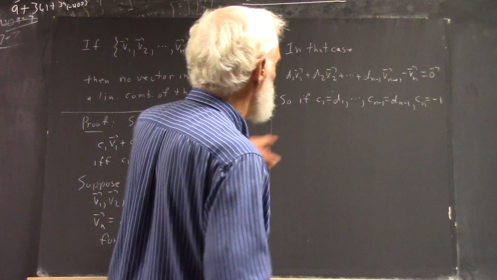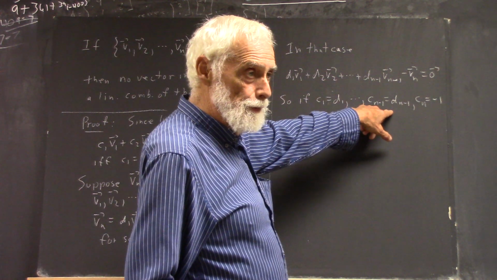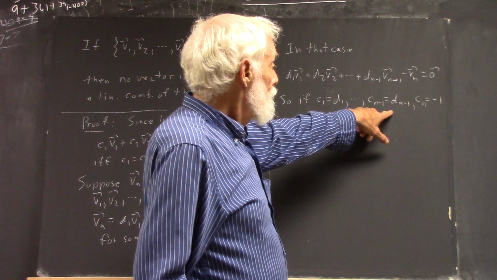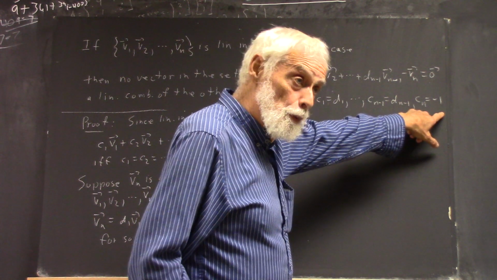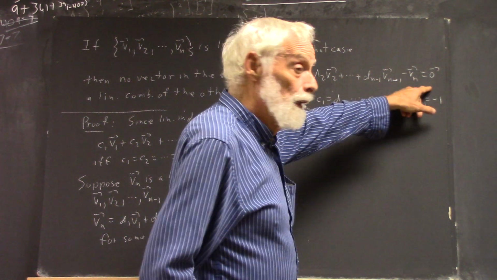So if C1 equals D1 up through Cn minus 1 equals Dn minus 1, and Cn equals negative 1, well, that's what we've got there.